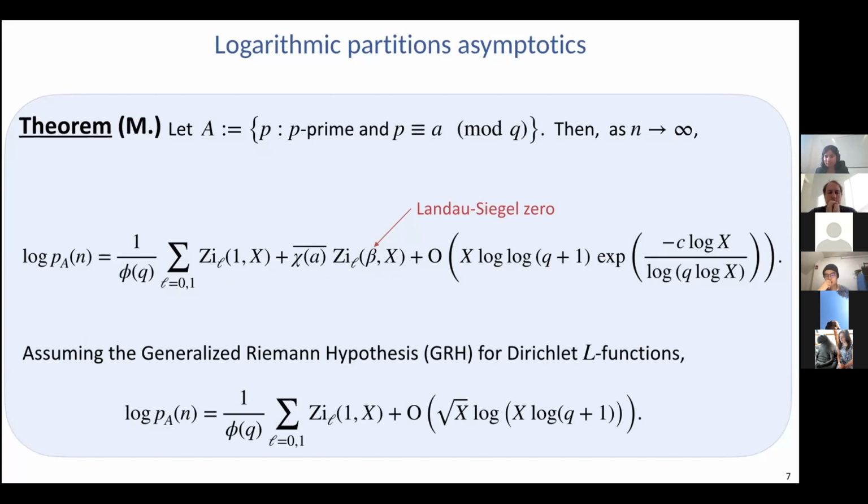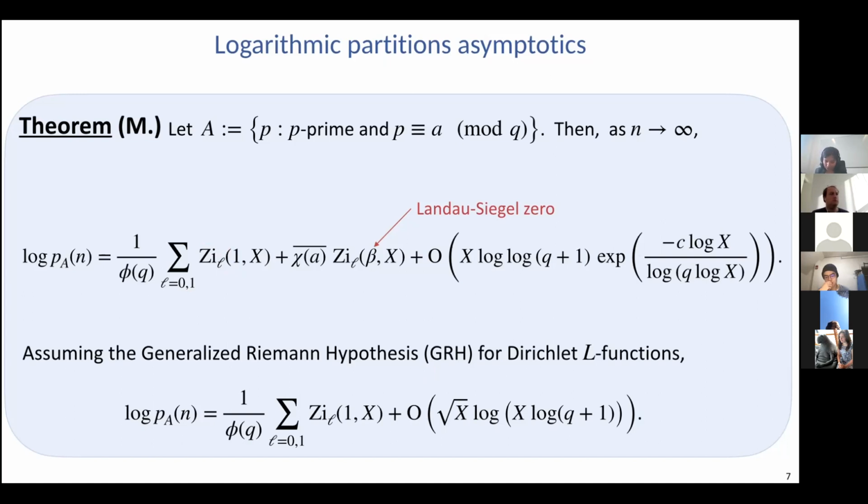That's what one would expect generally. But if you just write the theorem here in terms of x over log x, then we don't get it. So that's why we want to write this in terms of this integral z, so that we see the effect of GRH for Dirichlet function.